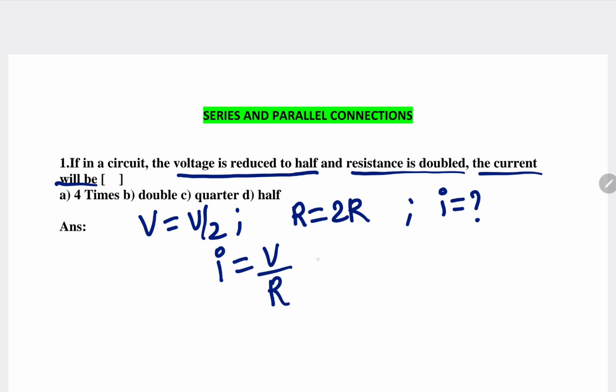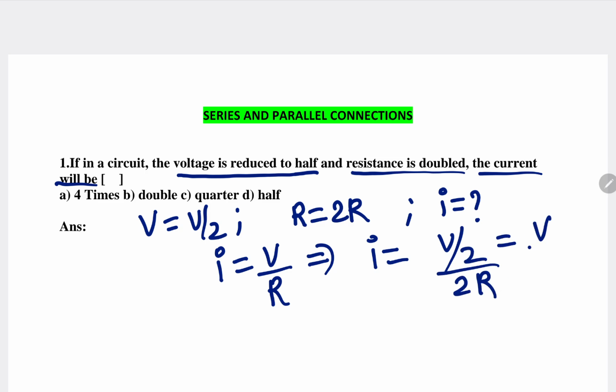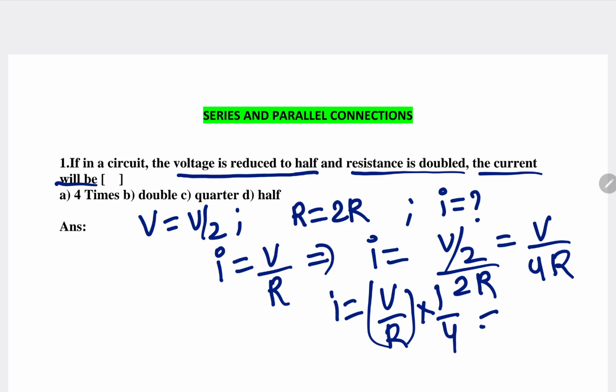I is equal to V by R. So I is equal to V by 2 divided by 2R, which becomes V divided by 4R. I can write this as V by R into 1 by 4. So the current becomes I by 4. The correct answer is one quarter.